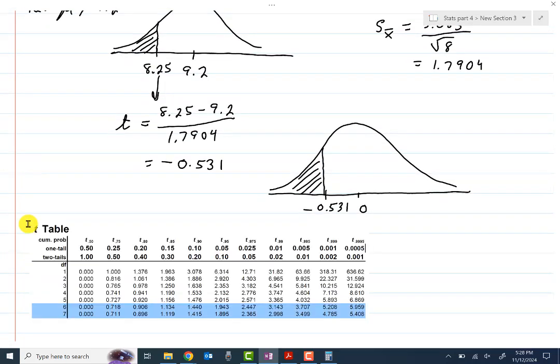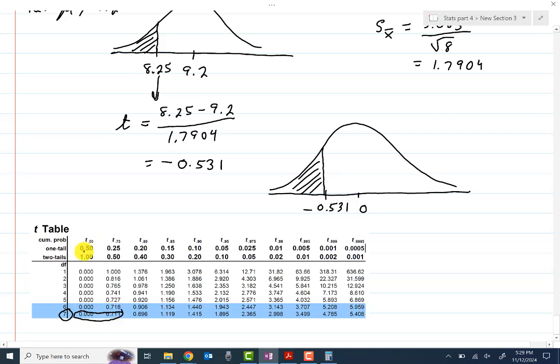All right, taking the table down, since our degrees of freedom is 7, I ended the table at 7. So that's the row that we're going to want to be on here, the last row that I have. And negative, now remember, we're looking at 0.531. So that's between the first two values.